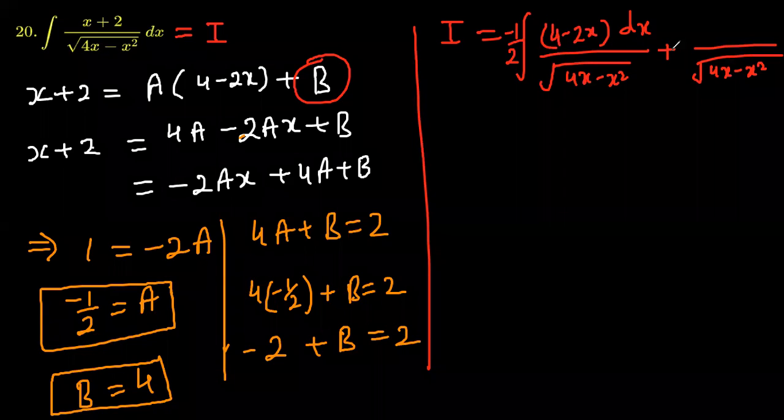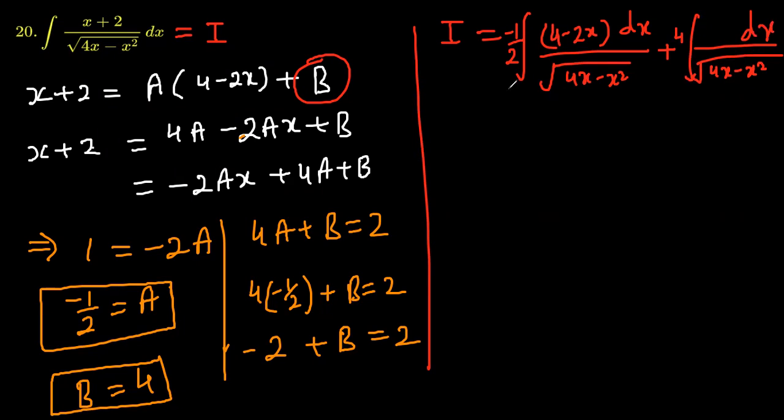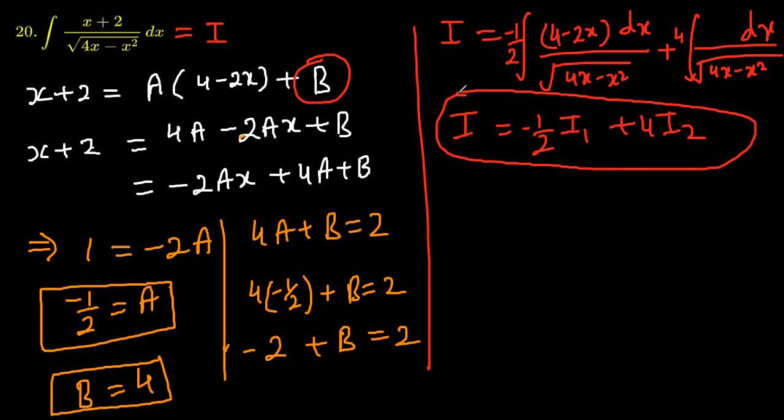So 4 times the integration sign, under root 4x minus this. Now we have this I, which is equal to negative half of I1 plus 4 I2. Can we find I1 and I2 separately and then substitute the values of I1, I2 here? We get our answer. Let's first solve I1.